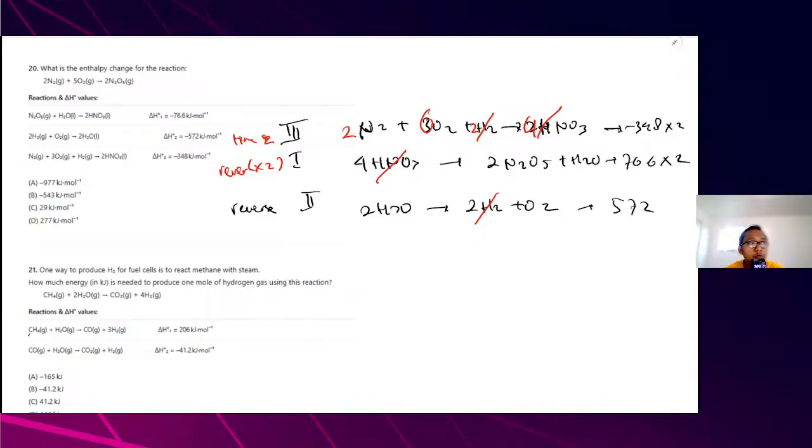Okay, so first the equation 1, just reverse, right? We need to reverse. Why? It's kind of weird for number 20.